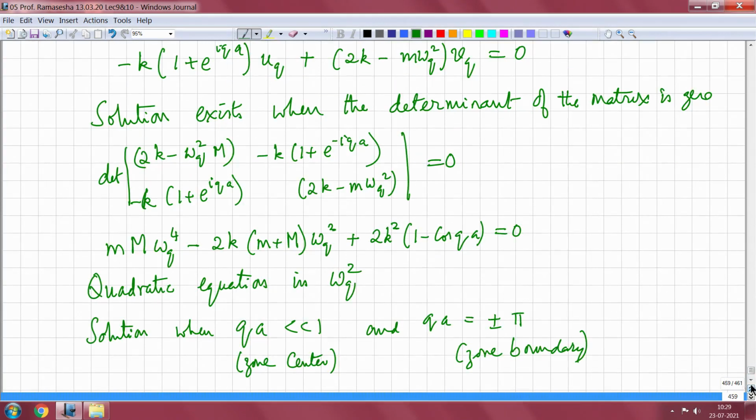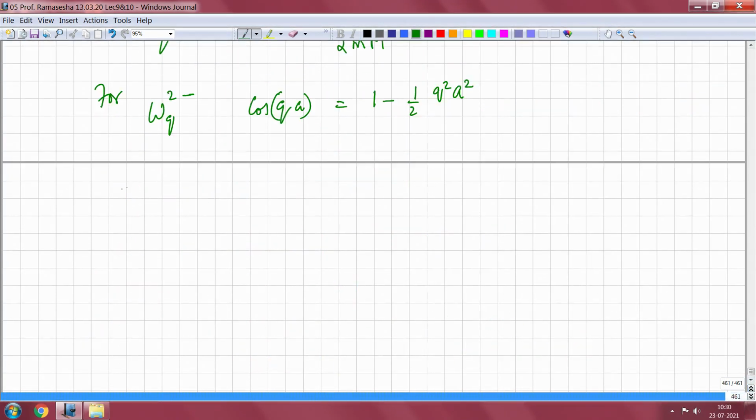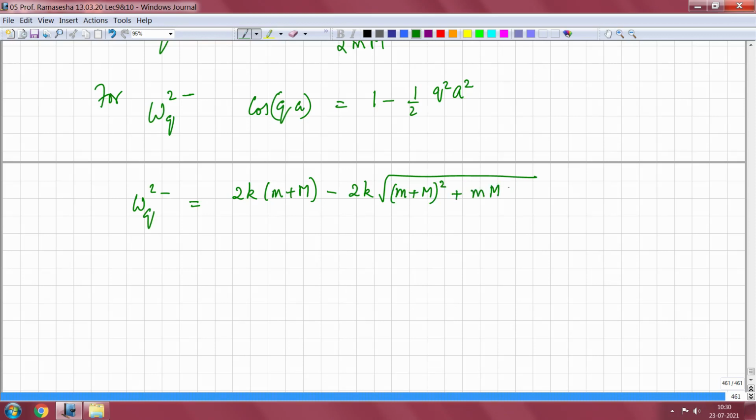So if I do this, then what I will get will be the following: omega q squared minus is equal to 2k (m plus M) minus 2k times the square root, having taken out the common factor 4k squared times (m plus M) the whole squared, plus m M q squared a squared by 2, whole thing divided by twice m M.